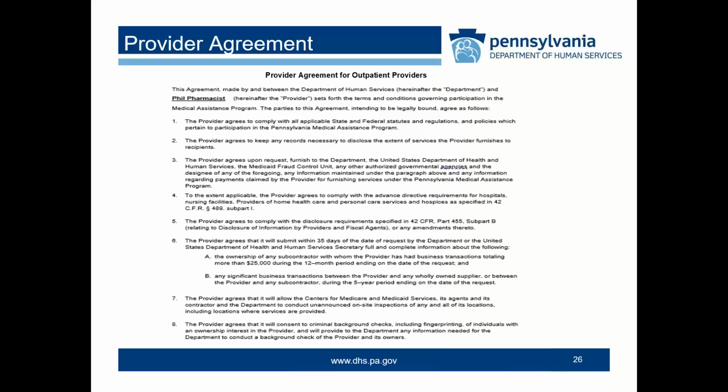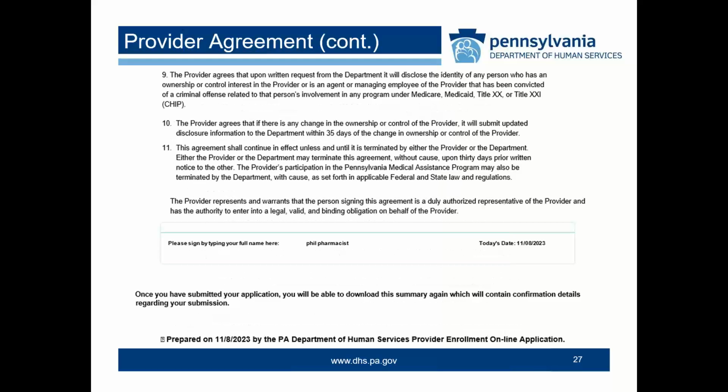But this agreement states, even on the next page, as the agreement continues, that you can terminate your provider agreement. You or Department of Human Services can terminate this agreement at any time. If there's any changes to your provider profile, you also have 35 days to submit that information to us.